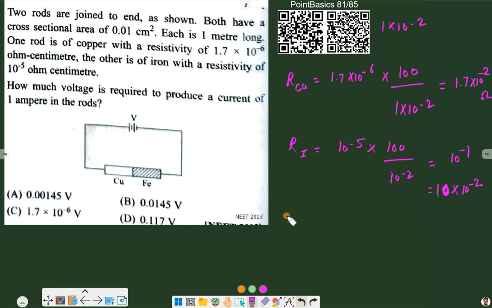So combined resistance in series will be total 11.7 into 10 raised to power minus 2, or we can say 0.117 ohm. Now current is mentioned as 1 ampere, so voltage will be I times R, that will be 0.117 volts. Option D will be the right answer.